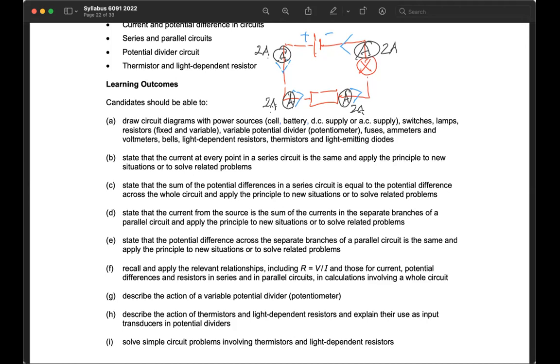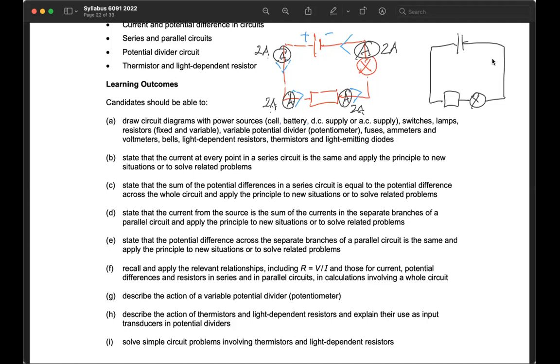Let's not wait. Okay, let me draw the same circuit again. This is the same circuit, right? Just that I put the bulb at a different location. Let's say I have 2 ampere of current moving in the circuit.